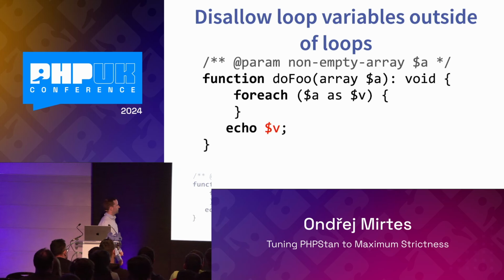But strict rules turn on one of the options from the core to consider the variable as non-existent below the foreach. So if you turn on PHPStan strict rules, it's going to tell you that you should not do this, because again, you can only guess the intention of your colleagues or maybe of your past yourselves.